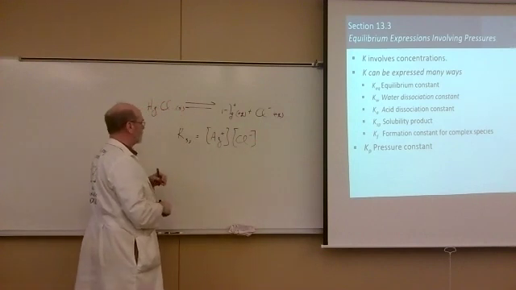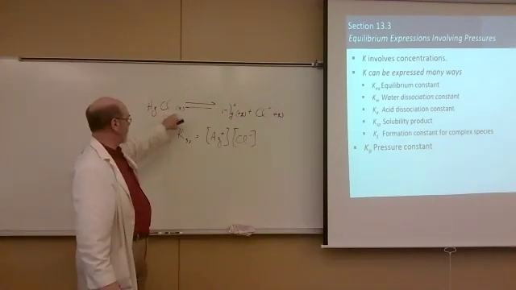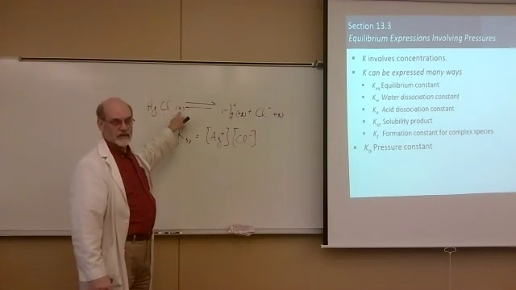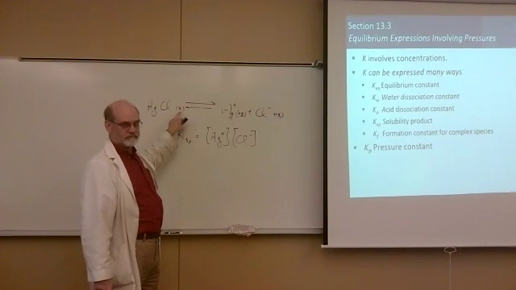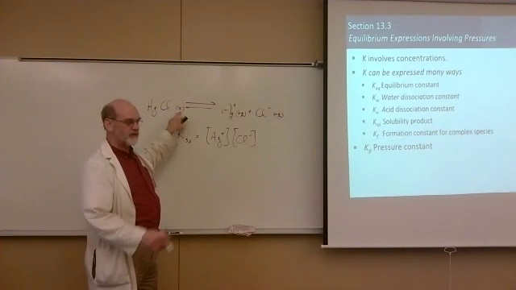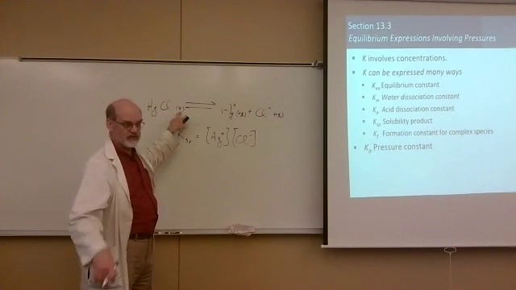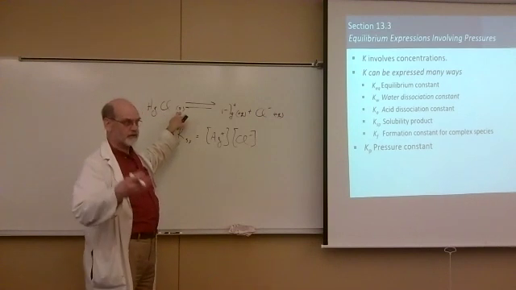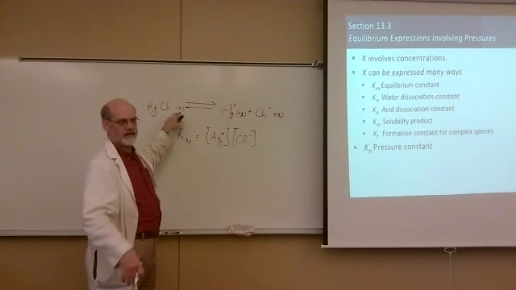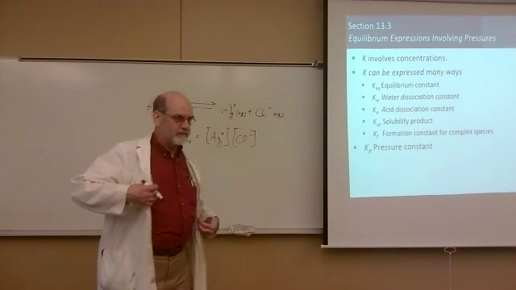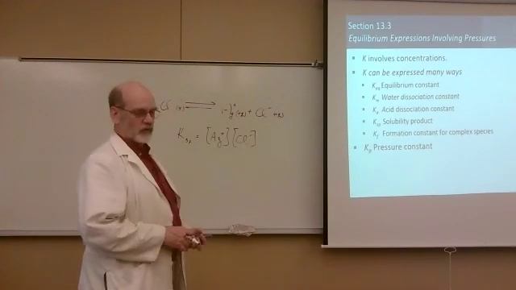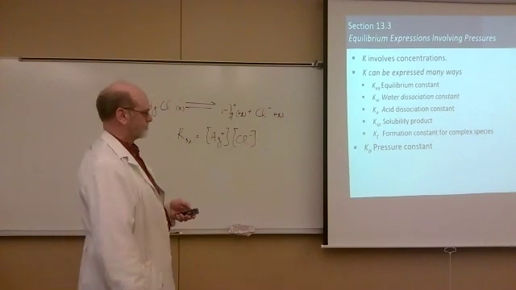Like that. Because this will go in the denominator, but it's a solid, so we don't include it. Simply because its concentration never changes. Solid concentration doesn't change because it's not dissolved in anything. We'll hammer that one again later.